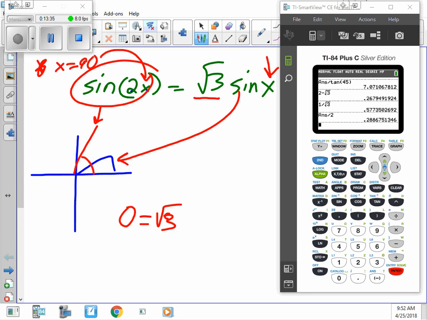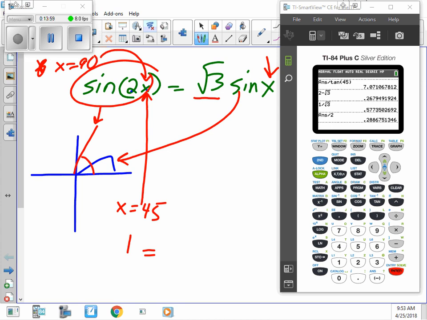Okay, let's try 45. So x equals 45. So if I put 45 in there, I get 2 times the sine of 90, which is 1. So I get 1 equals, oh, no. The multiply by 2 happens to the angle.